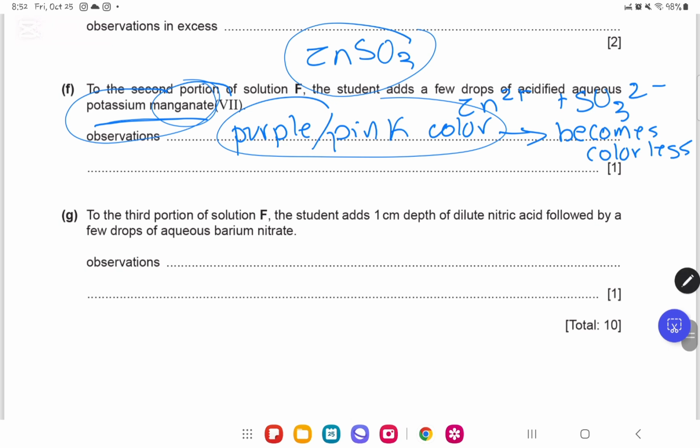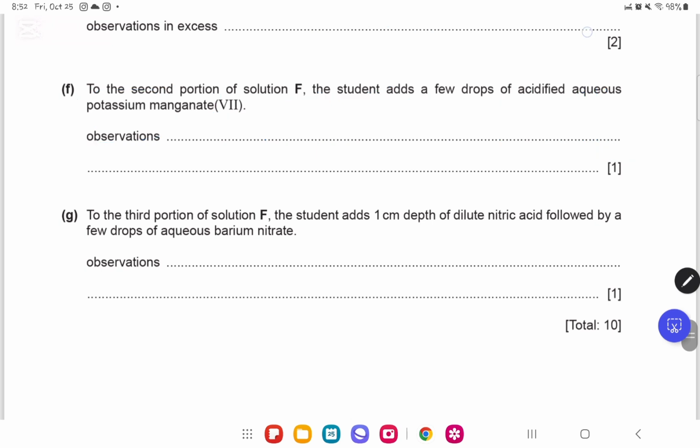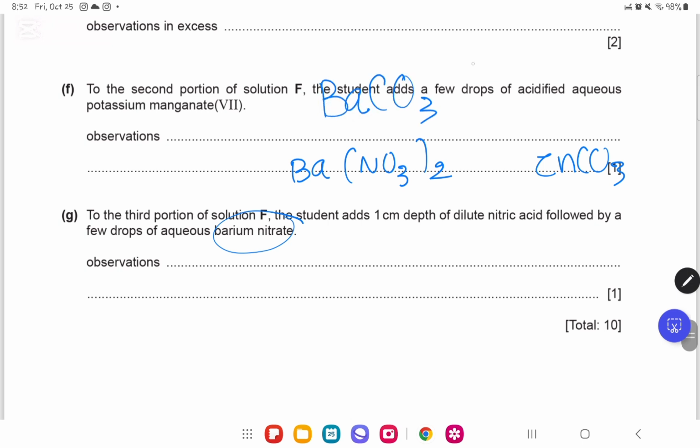Now part G. They added nitric acid and barium nitrate, so Ba(NO3)2, and we have ZnCO3. So we get BaCO3 plus Zn(NO3)2. You're wondering, how did you get this? Let's just divide them into their ions.